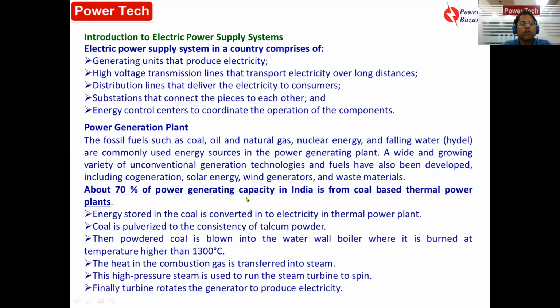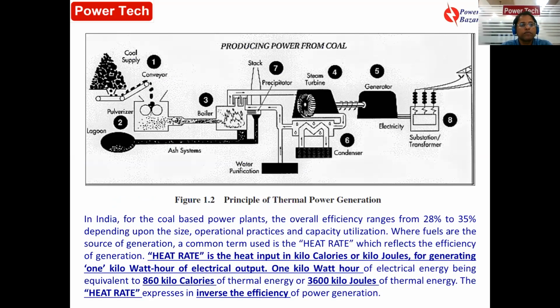Now, how does a coal-based thermal power plant operate? Let us come to this figure. This is the typical layout or process flow diagram of a thermal power plant, in which this is the coal supply. You require coal for running a thermal power plant.